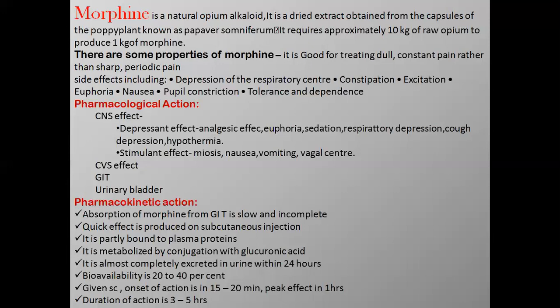Next, morphine does affect the GIT also. It causes constipation by direct action on the GIT. Thus, CNS action decreases GI motility and increases tone of sphincters.